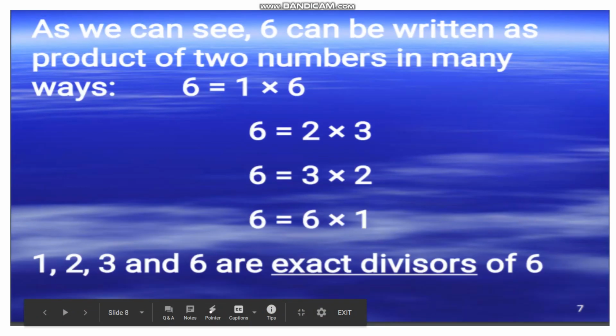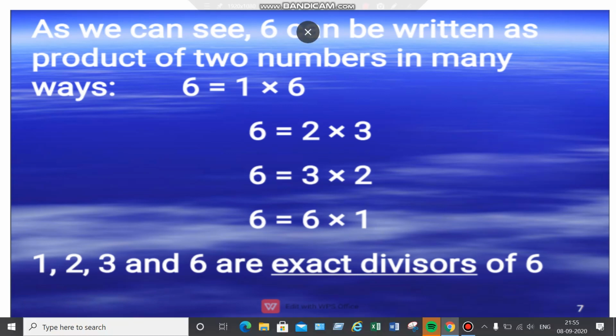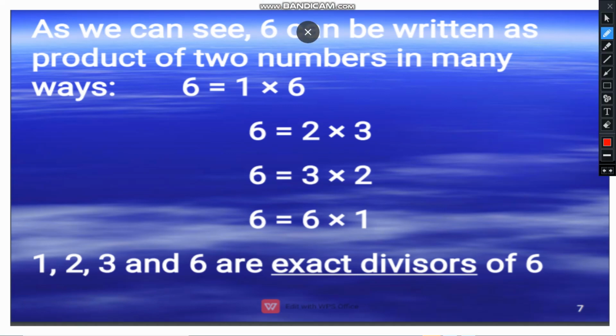So from all this kind of arrangement, we can see that 6 can be written as a product of two numbers in many ways, like 6 is equal to 1 into 6. We can write 6 as 2 into 3 like this.